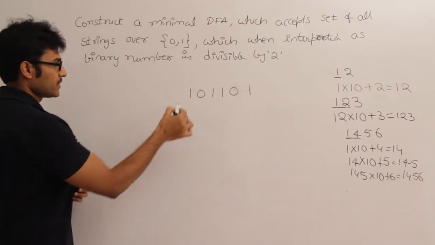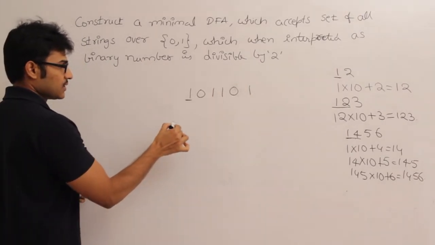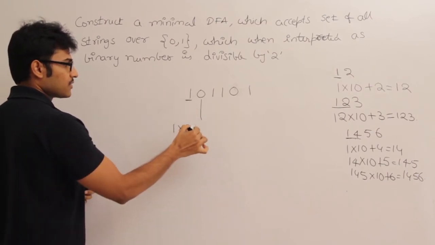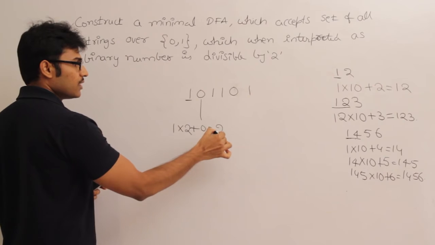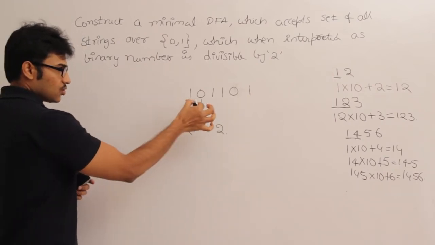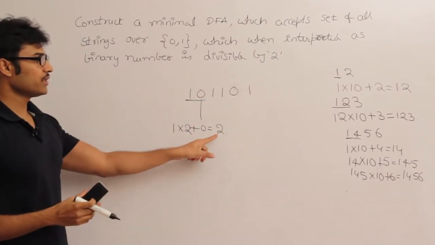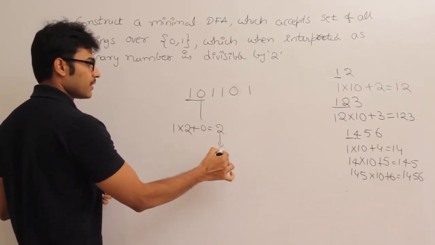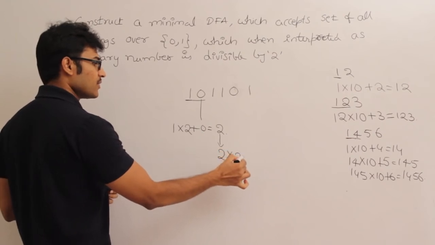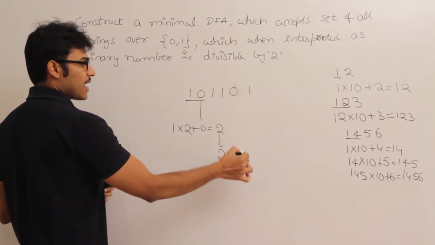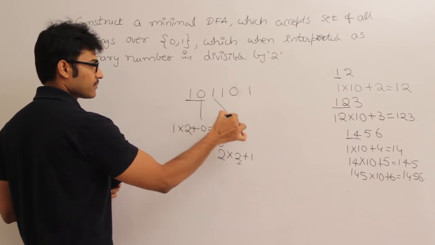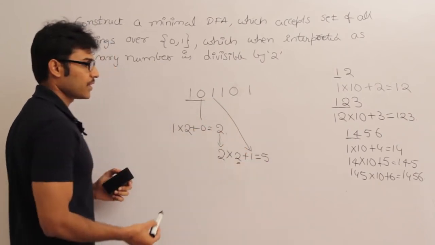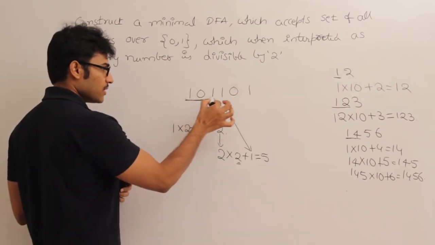So how to evaluate it is, first take the first one, which is 1, and you multiply with base, which is 2, and you add the next one plus 0. The result is going to be 2, which means these 2 digits are going to be 2 in decimal. Okay, now you take 2 and you multiply with base. Always remember, I am multiplying with base, and you add the next digit. It is going to be 5. Okay, now these 3 digits are going to be 5.